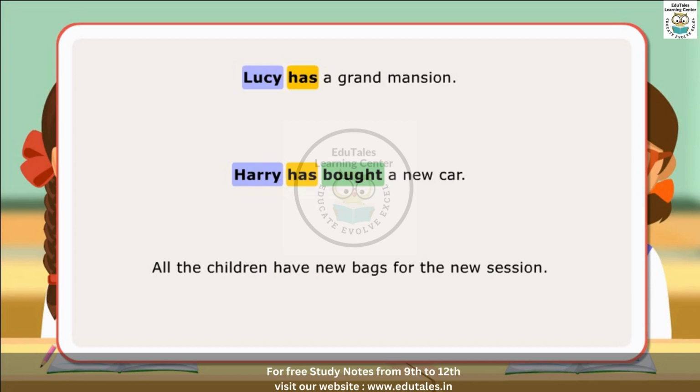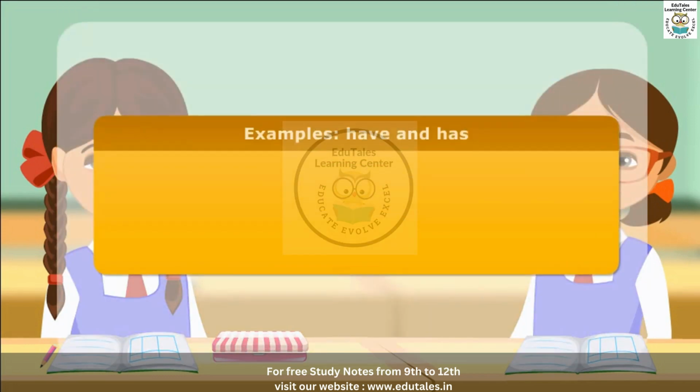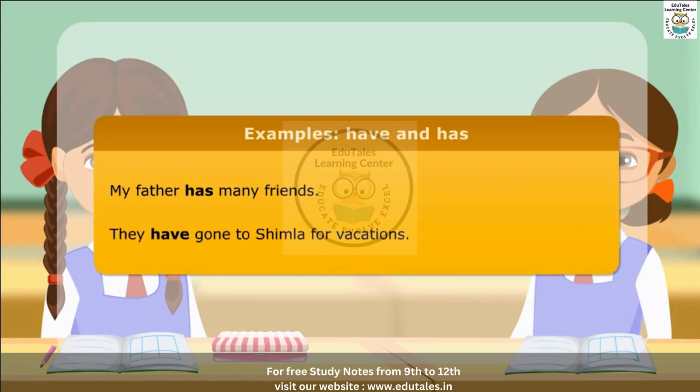In the last sentence, has been used with plural children to show possession. Here are few more examples of use of have and has. My father has many friends. They have gone to Shimla for vacations.